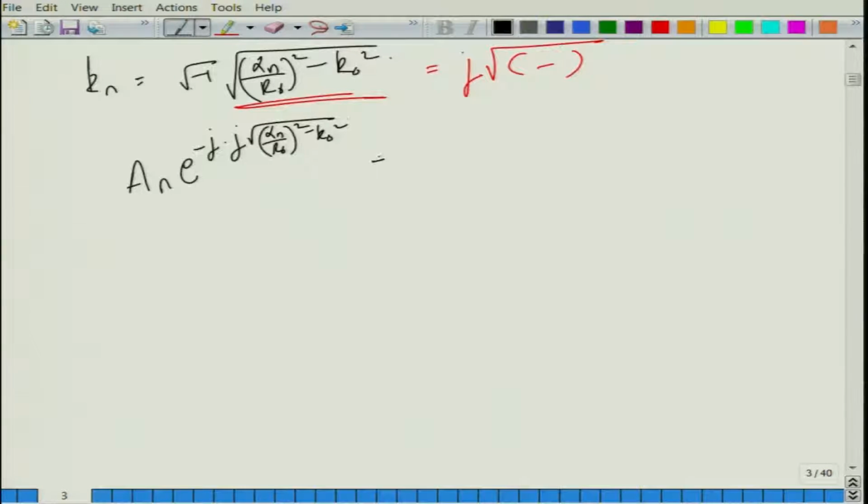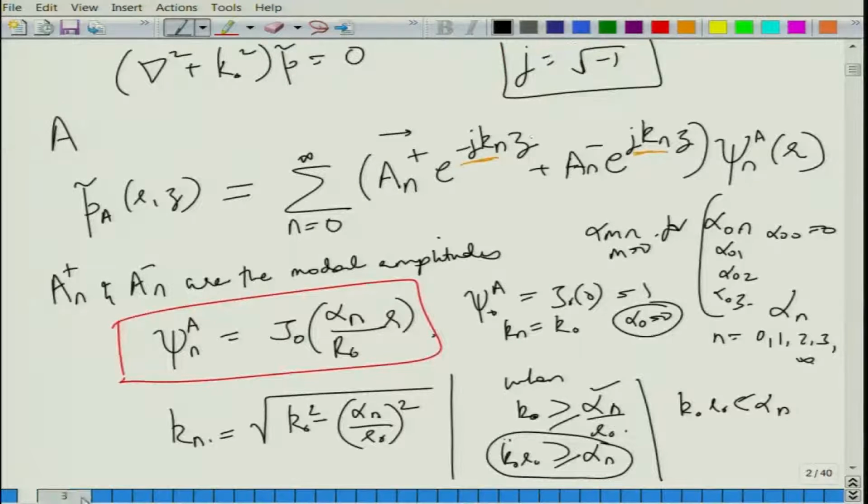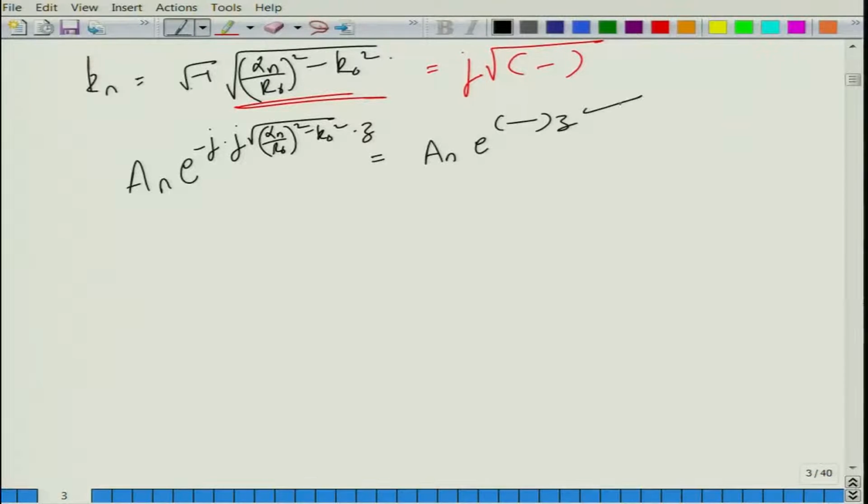So, this guy will become a n, and j square is minus, so minus times minus gives something positive, and this of course is multiplied by z, right. So, this will grow over space, and hence this can cause numerical problems.